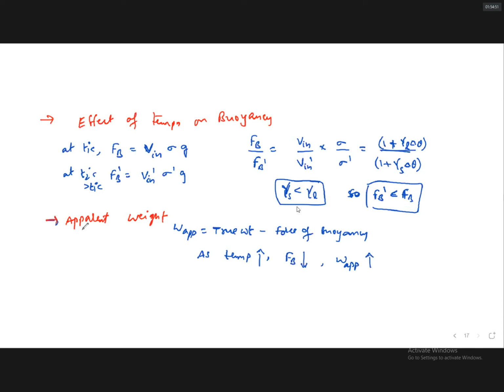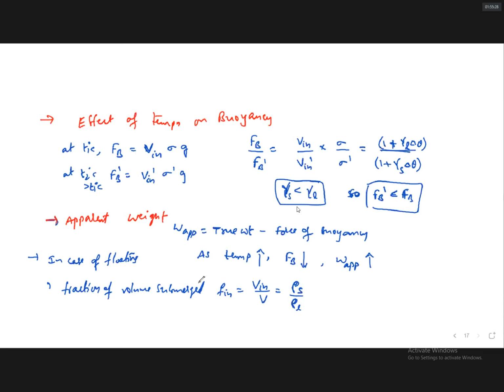Now, in case of floating, the fraction of volume submerged. Fn is equal to volume inside by original volume, that is equal to density of the solid by density of the liquid.